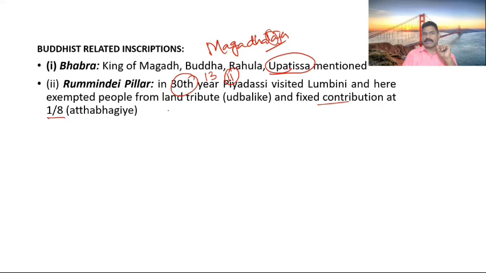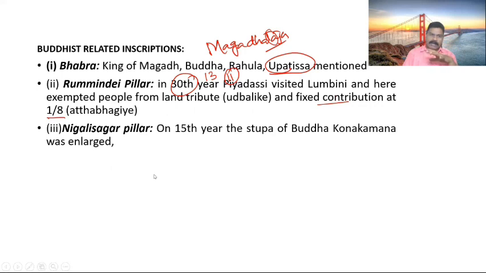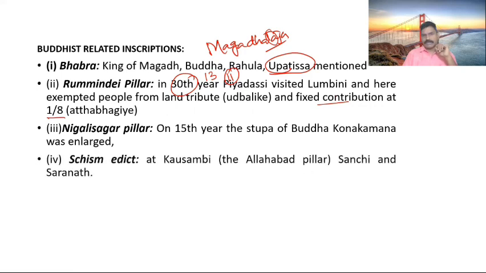He collected only Atthabhagiya. Next, the Nigalisagar pillar inscription: in the 15th year of his reign, Ashoka issued an edict that the stupa of Buddha Konakamana was enlarged.